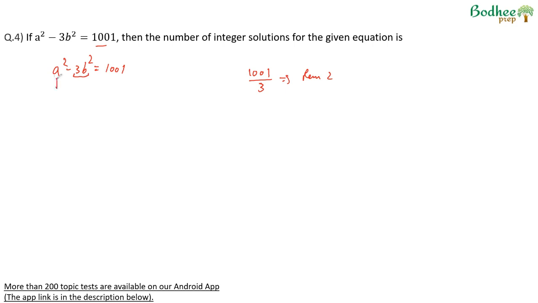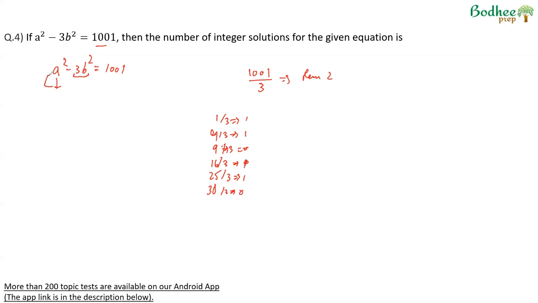Also, if we look at a square, for example, 1, 4, 9, 16, if we divide squares by 3, we realize that the remainders are either 1 or 0. For any square, remainder divided by 3 is either 1 or 0. 16 by 3 is 1.